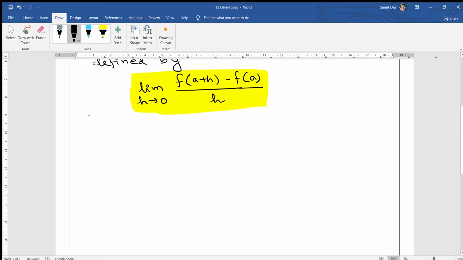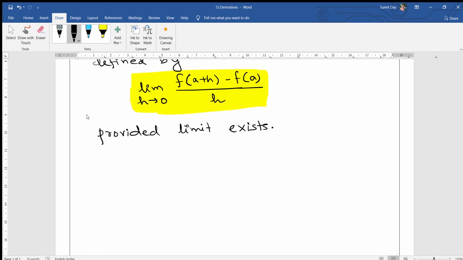Now, one more thing we have to remember here: provided the limit exists. In class 11 all limits will exist, but here I'm saying provided the limit exists. If the limit does not exist, then there is no value.